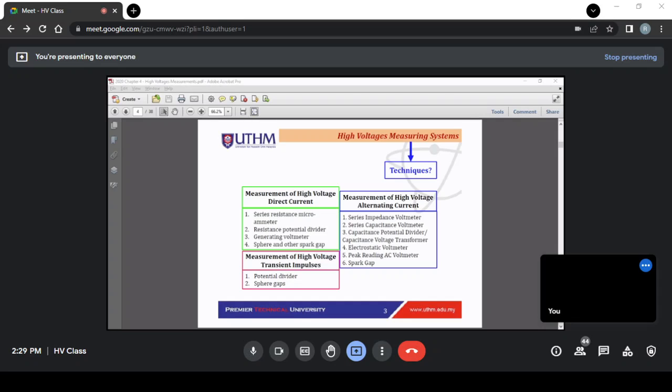Actually, this one we call the high voltage probe. I mentioned before how we are going to measure the high voltage. Like it or not, we have to reduce the magnitude of the high voltage to a lower value, so that it becomes measurable by a probe. So my question is why don't we use a device that can directly measure the high voltage magnitude?